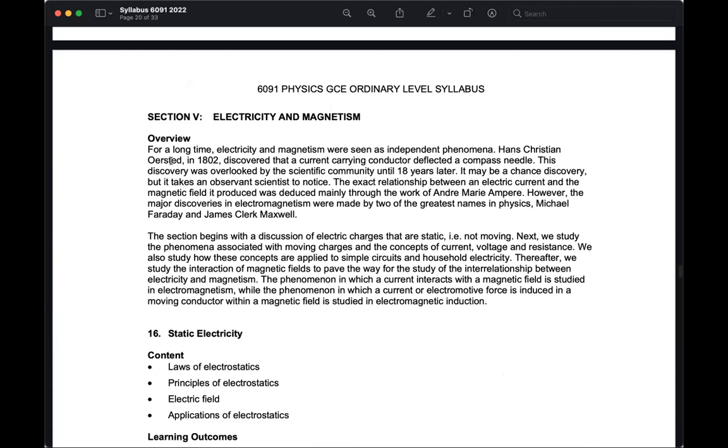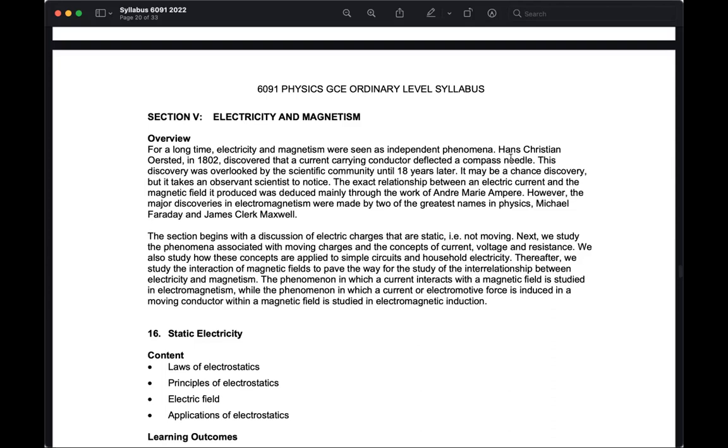He realized that current actually produces magnetism. In 1802, this scientist discovered that when there is current, there is magnetism around it.